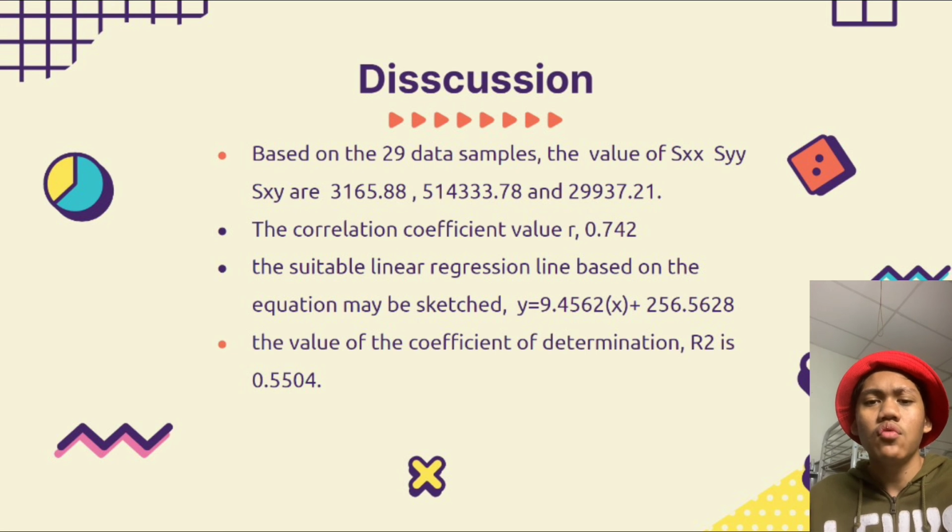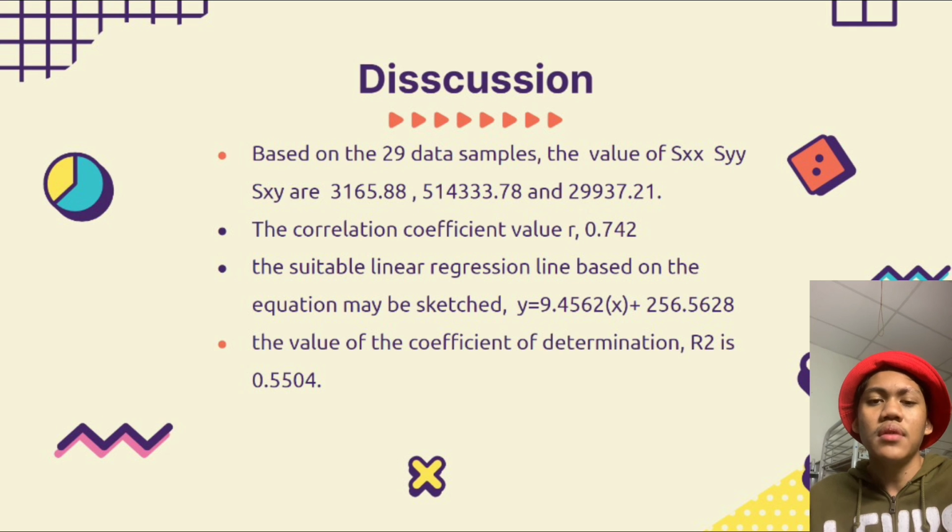After that, we find the fitted regression line by using the least squares method based on the formula y equals beta 0 plus beta 1 x. As a result, the suitable linear regression line based on the equation may be sketched.